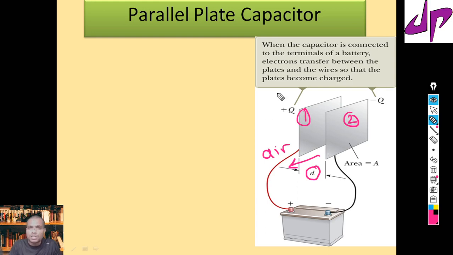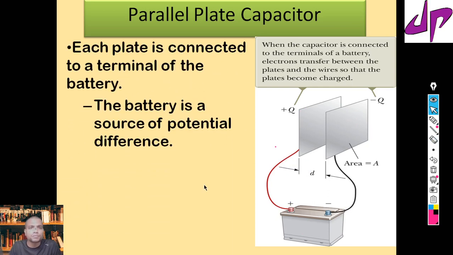Now these two plates should be charged. Here the battery is the source, having a potential difference. If we apply this potential difference, one plate becomes the positive plate and the other the negative plate, so the plates get charged. Here we need to understand in detail how charge is accumulated by these plates.